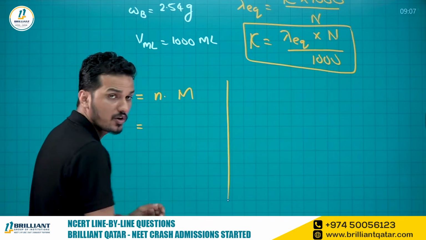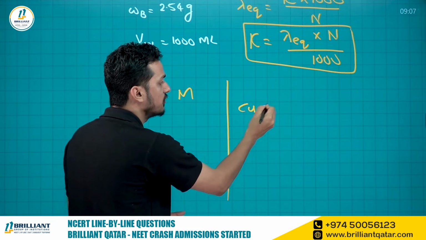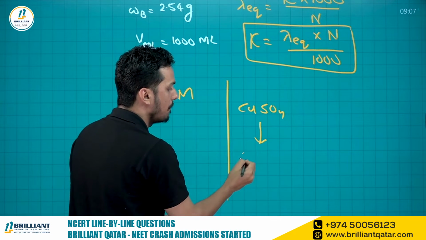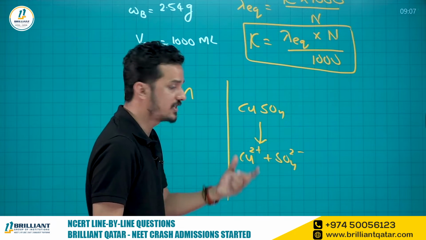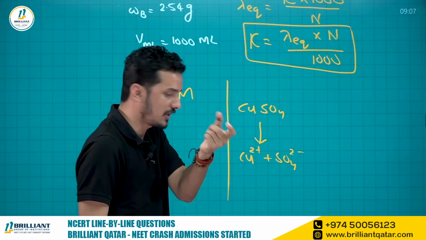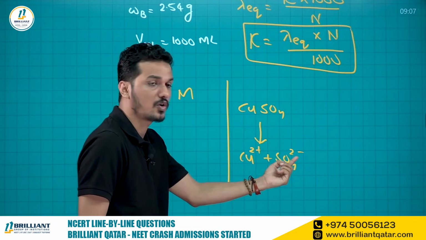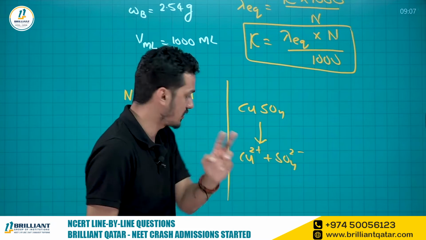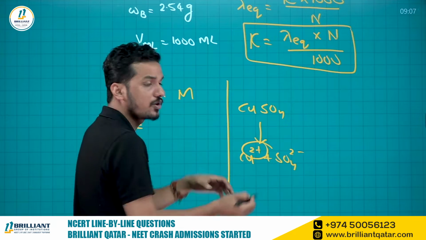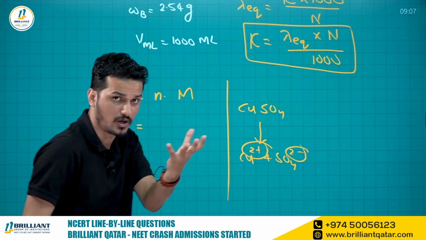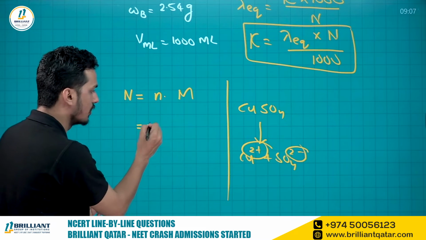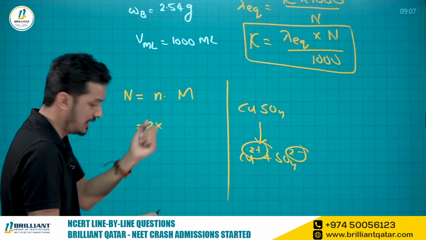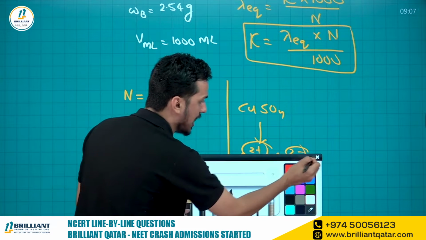What's the N factor for copper sulfate? Copper sulfate ionizes as copper 2 plus and SO4 2 minus. The total charge on the cation, or the total charge on the anion, is called the N factor. The total charge on cation is 2, or on anion also 2; we only need the charge value, not the sign. So the N value is equal to 2. What's the formula for molarity? How will we write molarity?